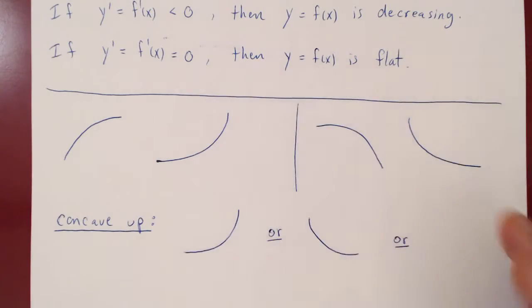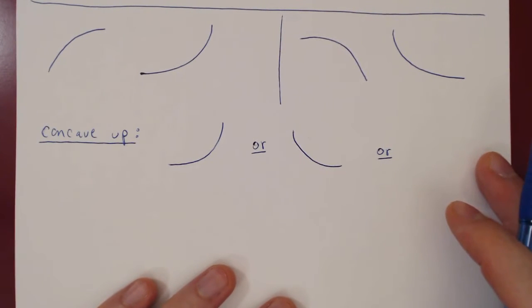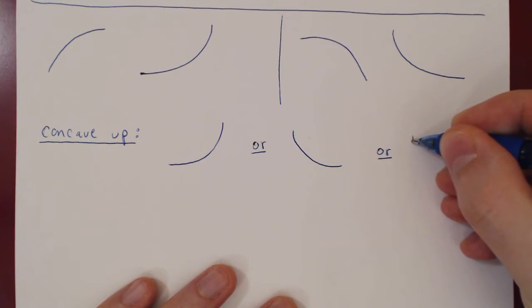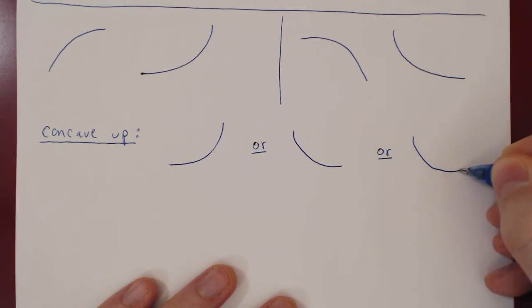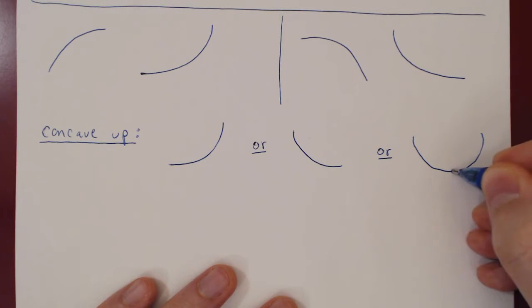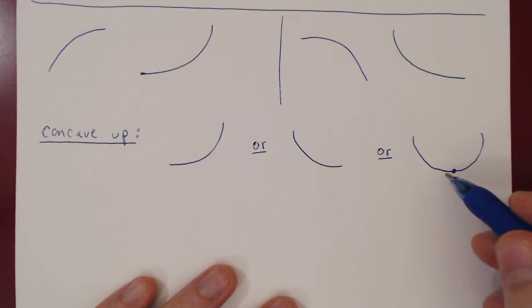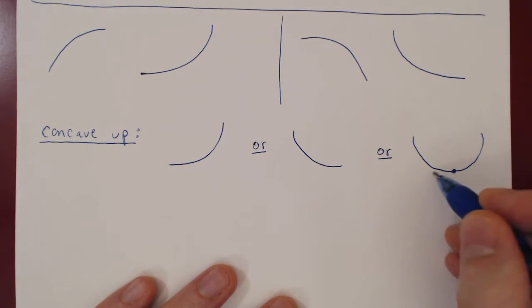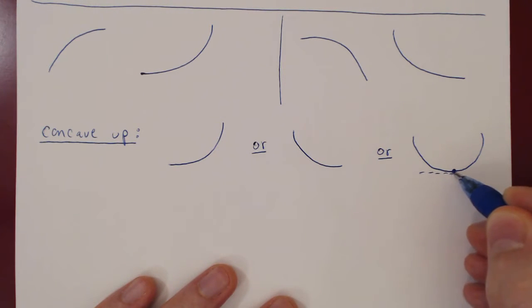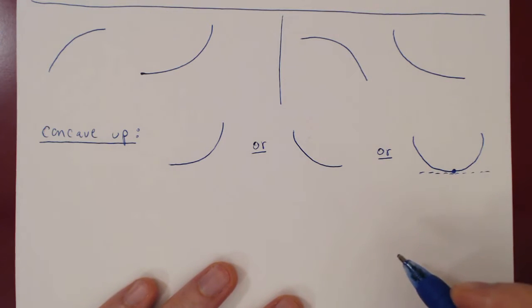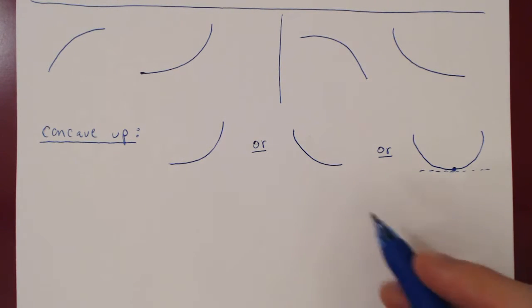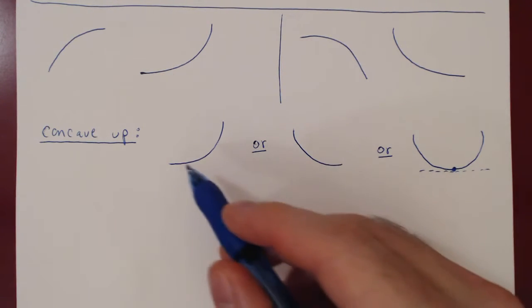Therefore, at that point, the curve will be flat. So it could look something like this. So this is concave up, and this is the point where the derivative is 0. Therefore, the tangent line is horizontal. So when we say concave up, it's one of these three options.